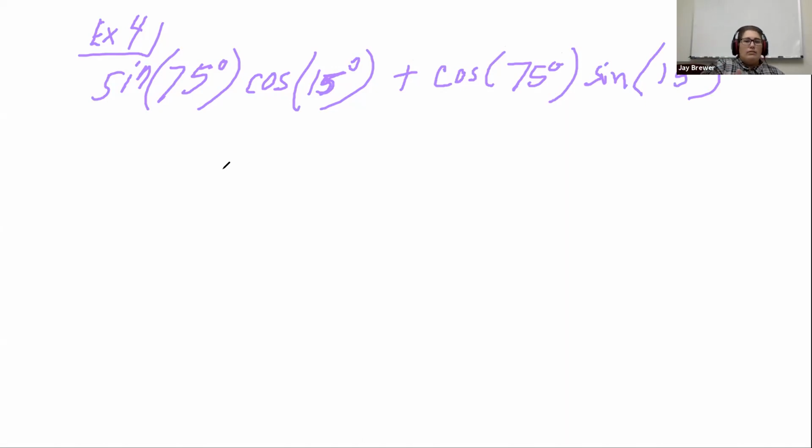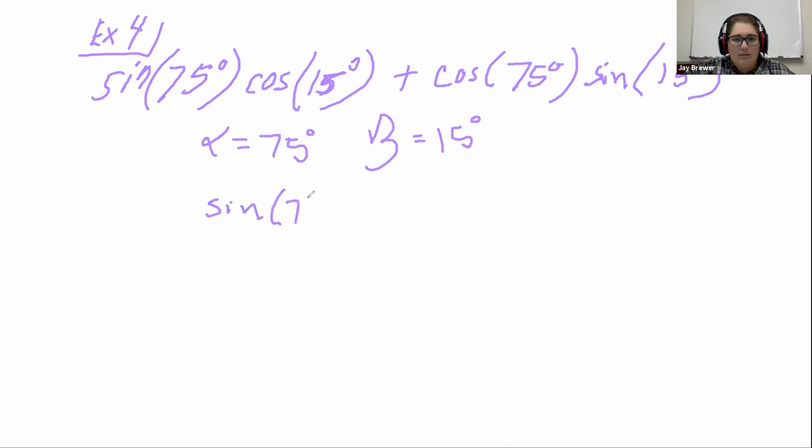No. But what we do know is, what is that representing? What does that formula remind you of? The formula of sine of alpha plus beta. Exactly. So we're going to go through and we're going to rewrite it. So sine of 75 degrees plus 15 degrees will give us the sine of what, really?